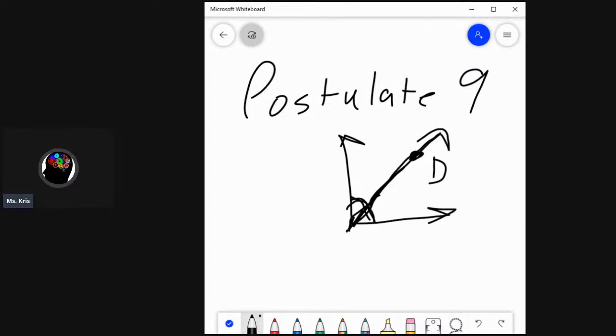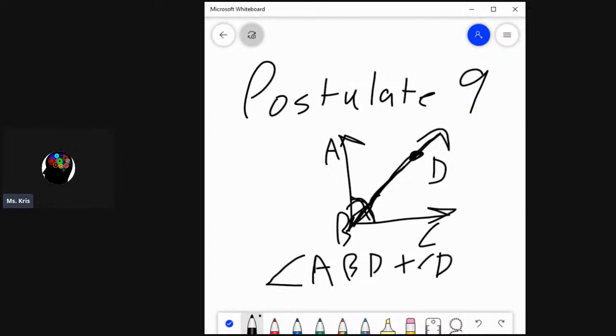So let's say this is D, this is A, B, and C. Well, the measurement of angle ABD plus the measurement of angle DBC equals the measurement of ABC.